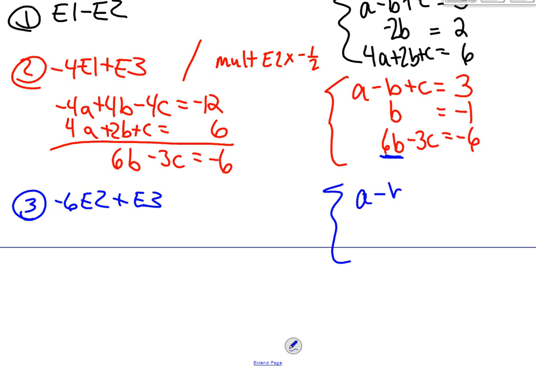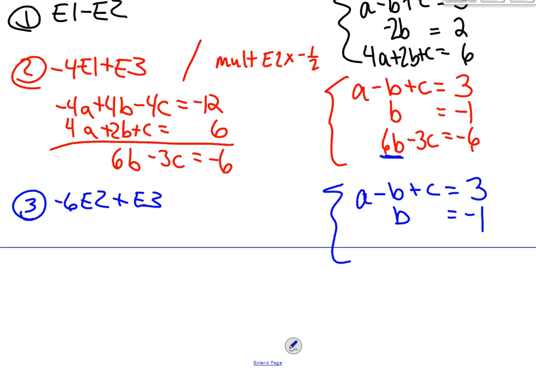So A minus B plus C equals 3. And this one is just going to stay B equals negative 1. And when I multiply that by negative 6, can I do that in my head? That'll be negative 6b plus 6b is 0, right?